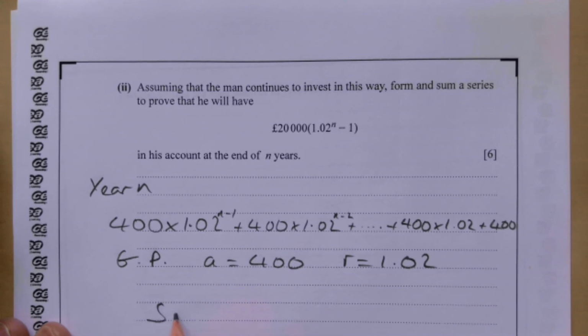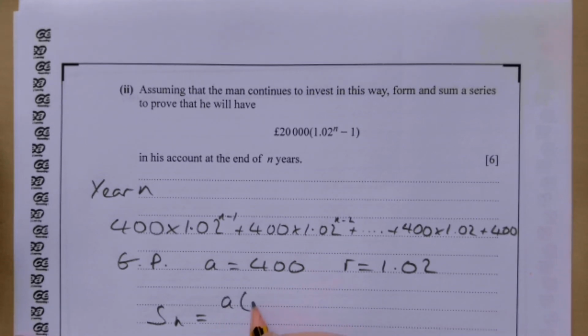So our sum of the n terms is of course going to be a times 1 minus r to the n all over 1 minus r.